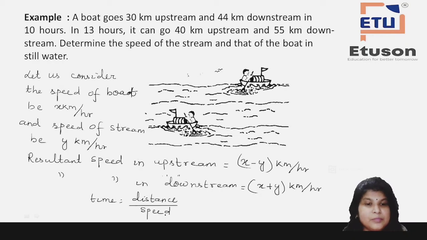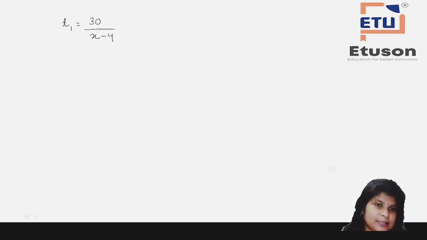Okay. So what I will write is, let us consider in the upstream, the first timing is T1 to cover how much distance? 30 kilometer. And what is your resultant speed? That is x minus y. And suppose in the downstream direction, how much distance is the boat covering? It is 44.